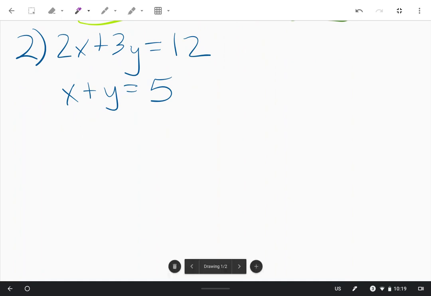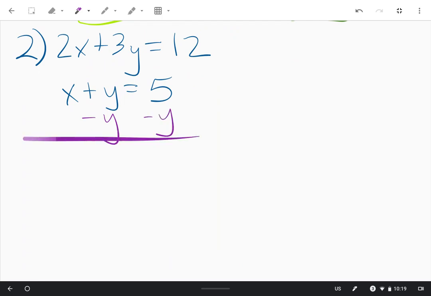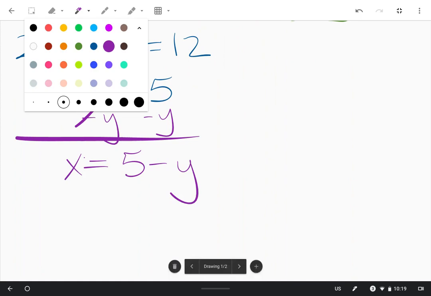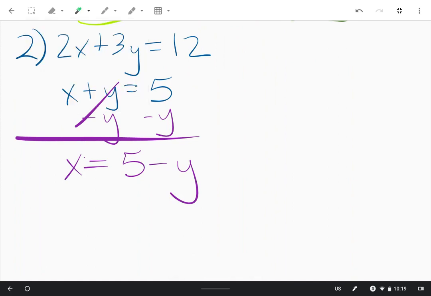They already have no coefficients. So I'll just subtract y from both sides. That's going to cancel, and it's going to give me x equals 5 minus y. So that might look a little strange at first, but this is now isolated. So we've isolated x, and I can take that and I can put it into the other equation.